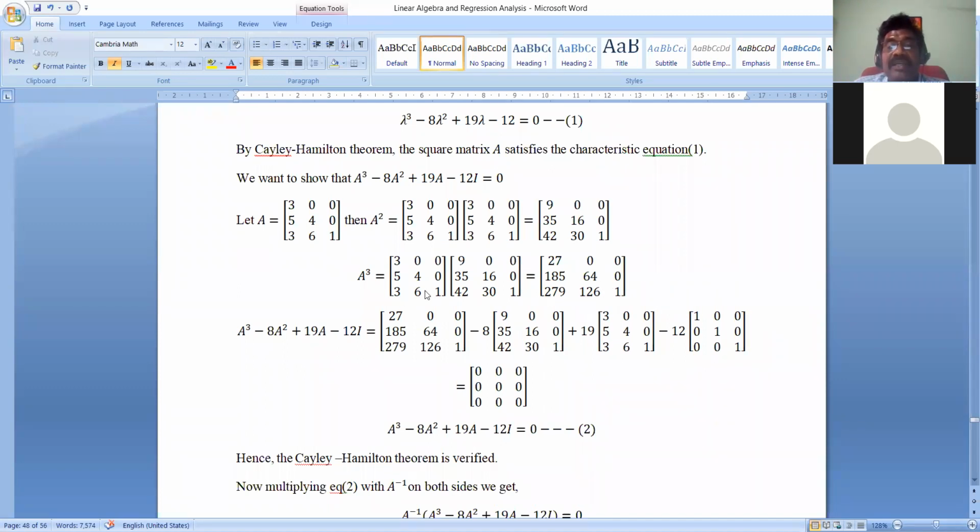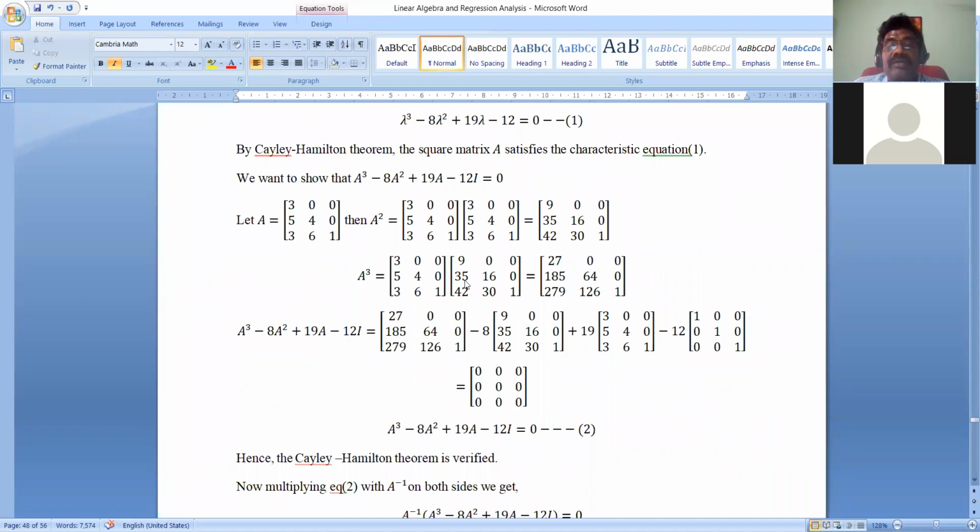Next, multiplying the third row with the third column of the second matrix, 3 into 0, 6 into 0, plus 1 into 1, that is 1. So this is A cube: [27, 0, 0; 185, 64, 0; 279, 126, 1].